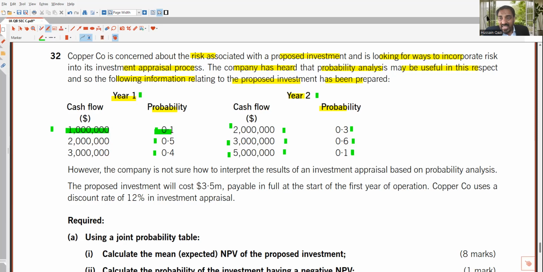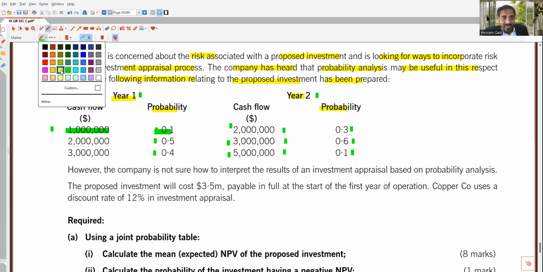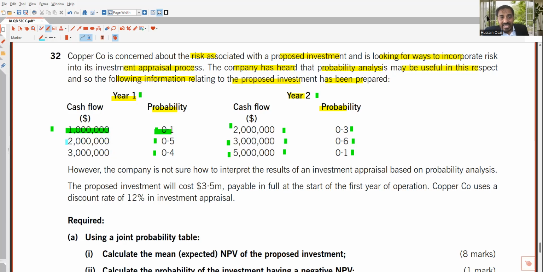So the first possibility is that 1 million cash flows at year 1, and there are 3 chances of year 2. Same case, what if year 1 cash flows are 2 million with the 50% probability, and then year 2 has the cash flows of 2 million, 3 million, 5 million with these probabilities.